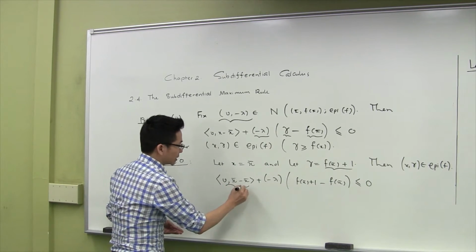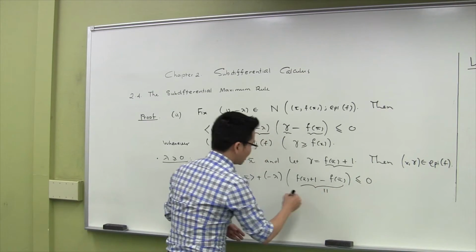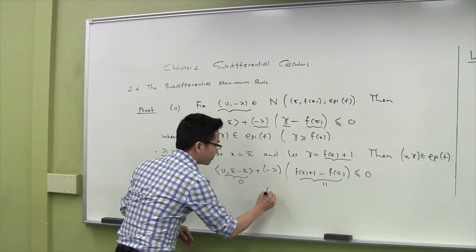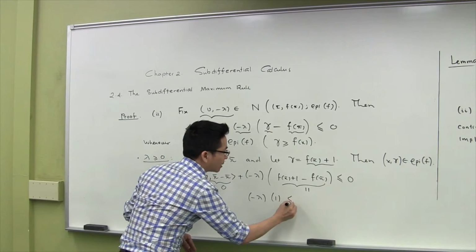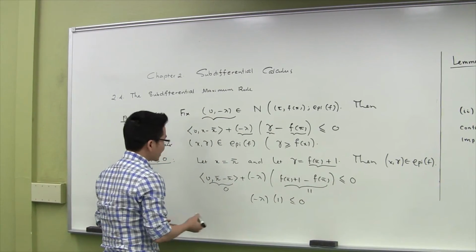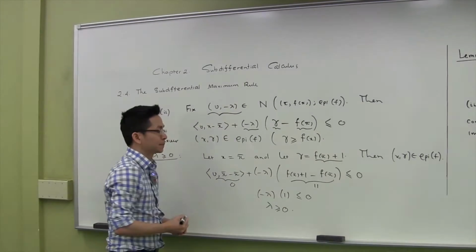So here it is 0, this is 1. From here we have that minus lambda times 1 is less than or equal to 0, and therefore lambda is greater than or equal to 0.